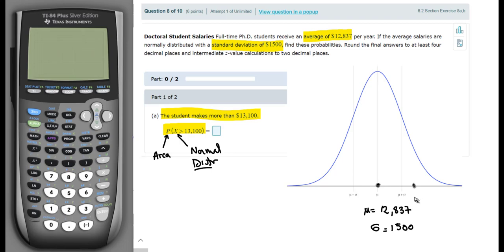So this is the x1, we can call it, 13,100. And we want the x's to be greater than that value, so the x's are going to go this way, all the way to plus infinity.